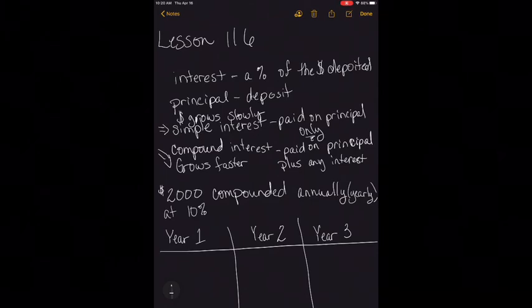Okay, and the reality is that when you take out a credit card, you're borrowing money, and they charge you way more to borrow money than any bank would ever pay you to borrow your money. So what happens to a lot of people is they buy things that they don't have money for right now, thinking, well, I'll have the money later.